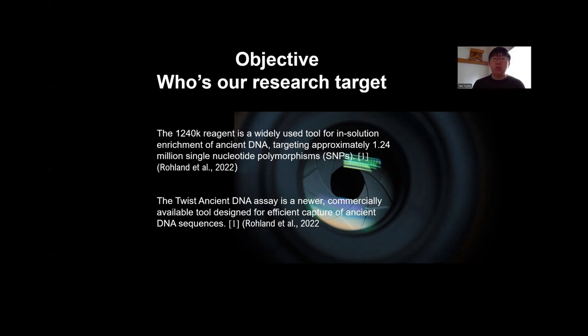It's kind of a new method, and scientists commercially use it to design efficient capture of ancient DNA sequences. But there's a little difference, because the Twist method uses double-stranded 80-base-pair probes and requires only one round of enrichment. So technically it sounds better than 1240K, but we'll figure it out later.